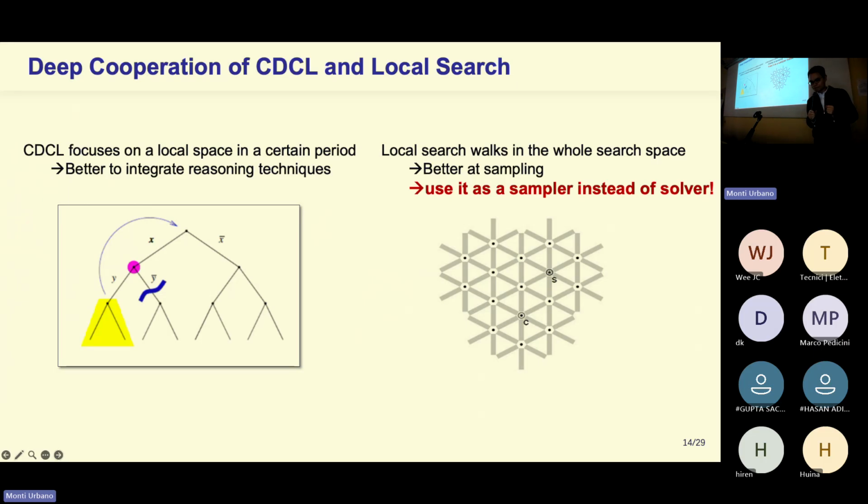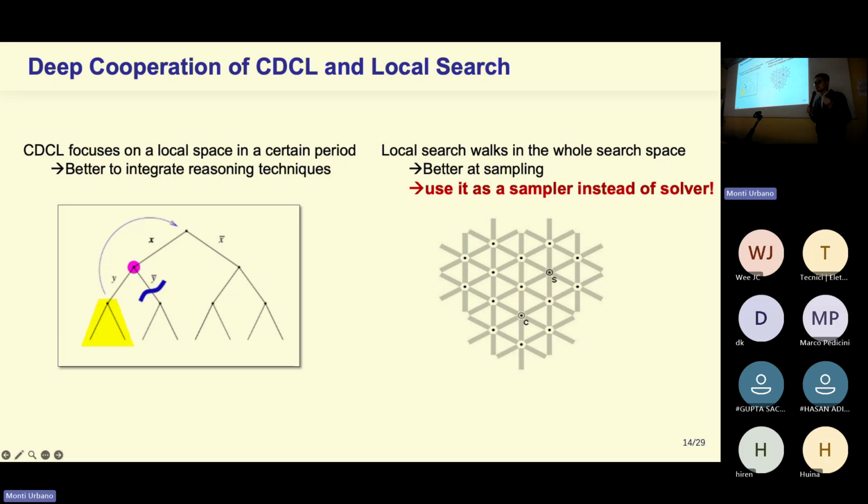But if we have a second look, if we take a different viewpoint, we can see local search as a sampler instead of a solver. That means we also use CDCL as the main solver because it's the best in solving industrial instances. But for local search, we can give up the role of solver.